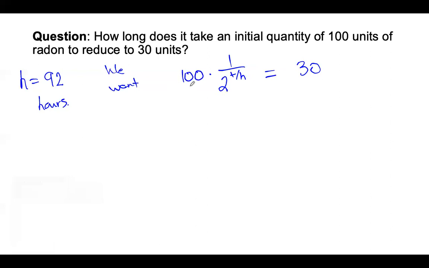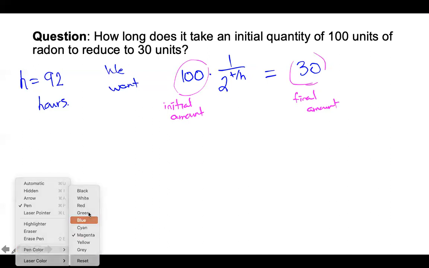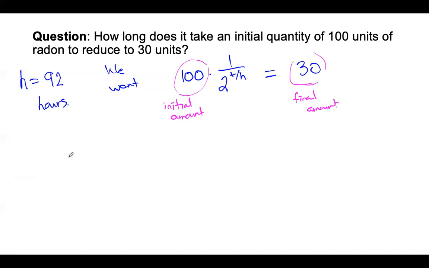This 100 is the initial amount and this 30 is our final amount. Now we just rearrange and solve.